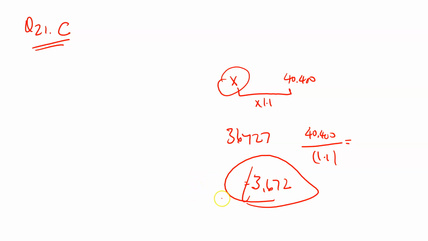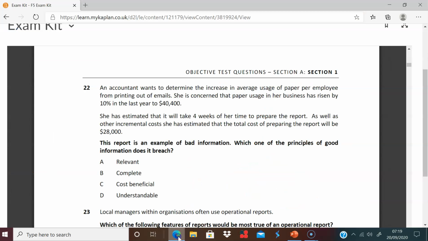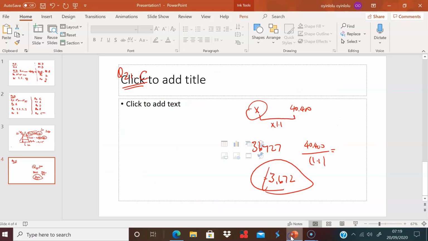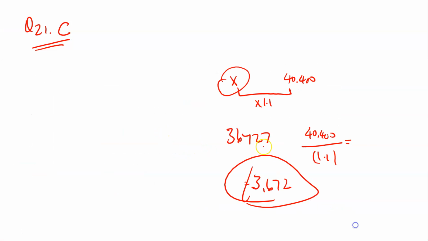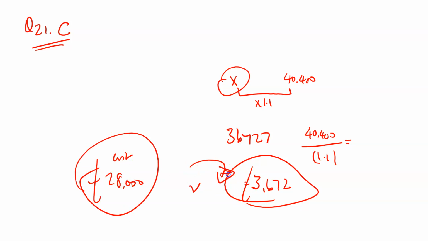But then it's saying that you will now spend, it'll take 4 weeks to repair, as well as other incremental costs. She has estimated the total cost of prepping the report is 28 grand. So 28,000 to save on this type of paper, even if you could bring it down to the same levels, is not worth it.